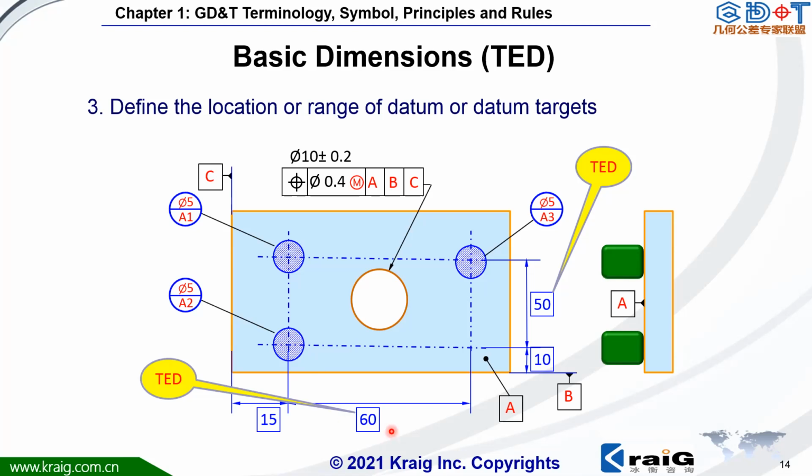In that case, we need TED. This TED, since it's not related to the geometric tolerance on the product joint, that's why we cannot apply any geometric tolerance to this TED. Or we can say you don't have to measure this TED. It's only to allow you to find where those datum targets are located.